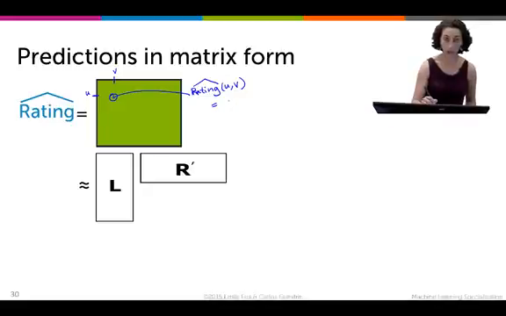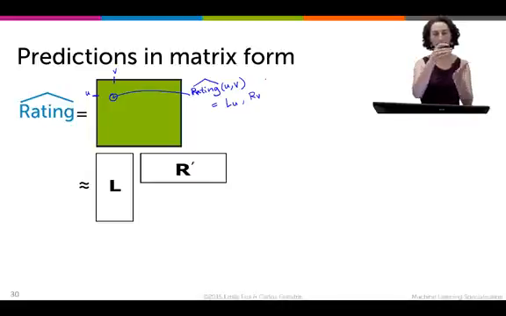We said we took the user vector LU and we took the movie vector RV and we did this element-wise product and summed over the elements of that product. So I'm going to denote that just with this little notation here.